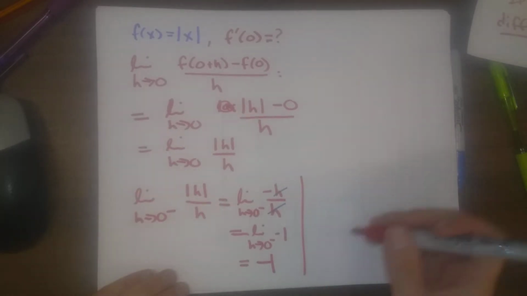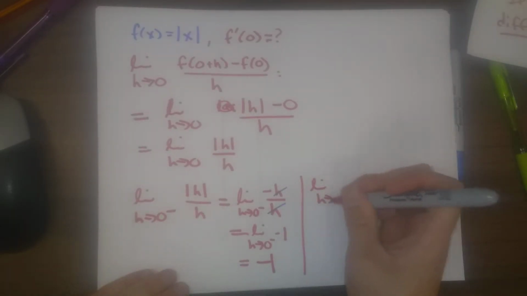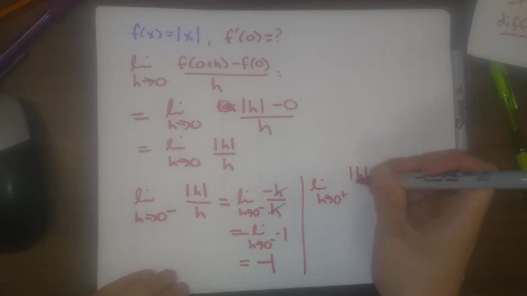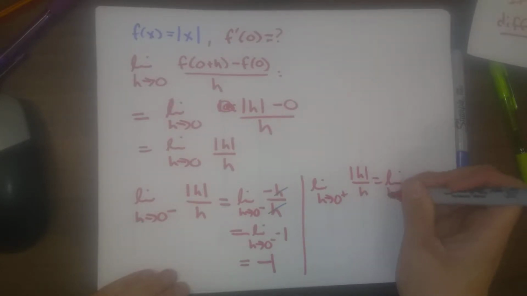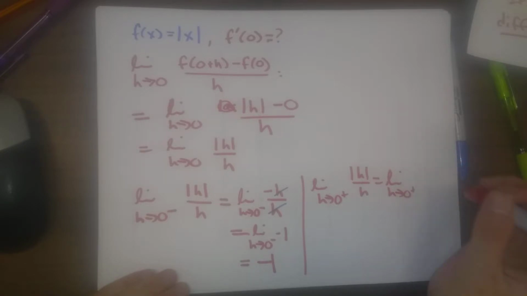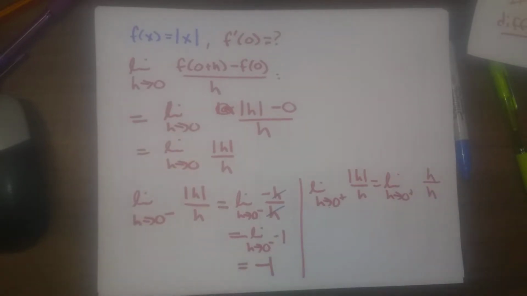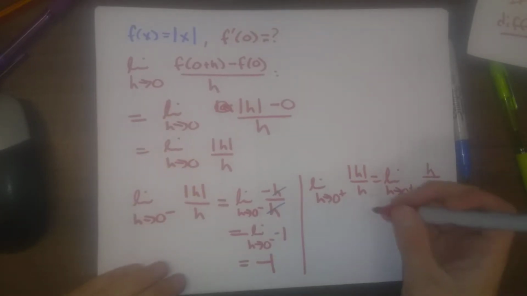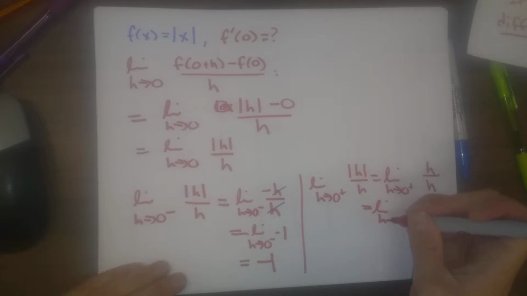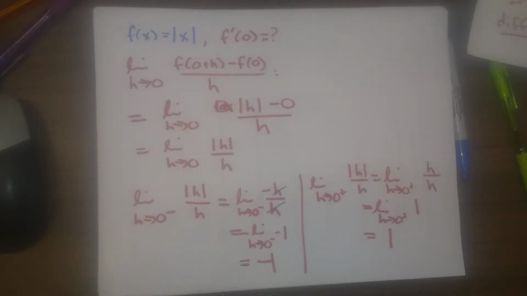So that answer is minus 1. When we do the limit as h goes to 0 from the right, h is now positive, and so we end up with h over h. Since h is positive, the absolute value of h is just h. So we're taking the limit of 1, which is 1.